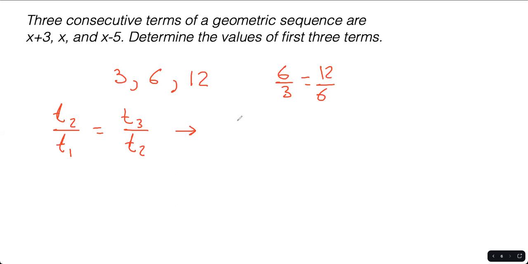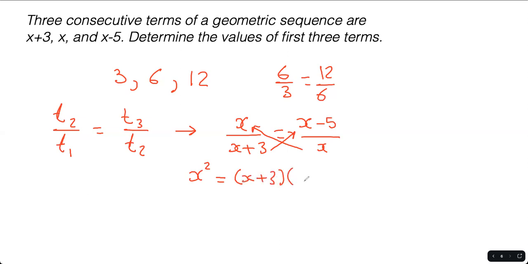So we're going to say x over the first term, which is x plus 3, equals the third term, which is x minus 5, over the second term, which is x. Now we're going to cross multiply, and we'll have x squared equals x plus 3 times x minus 5, which is x squared minus 5x plus 3x minus 15.